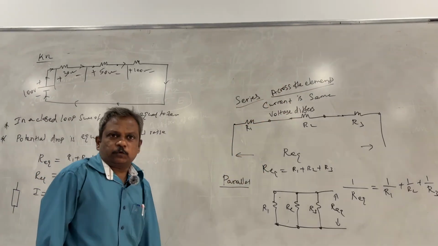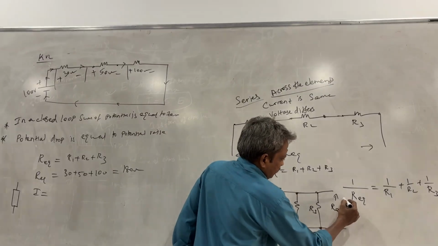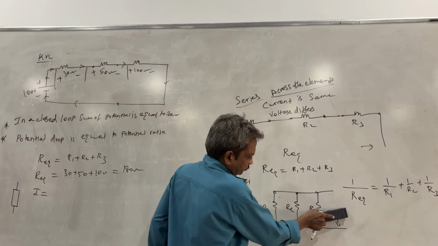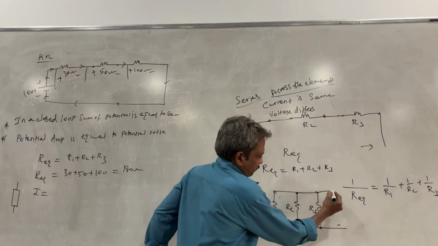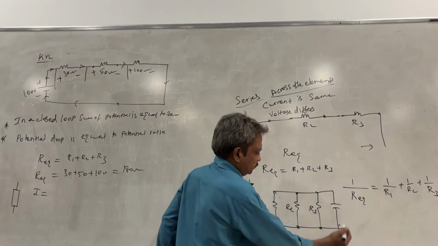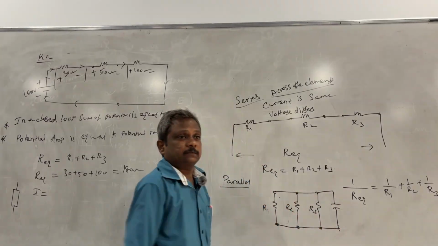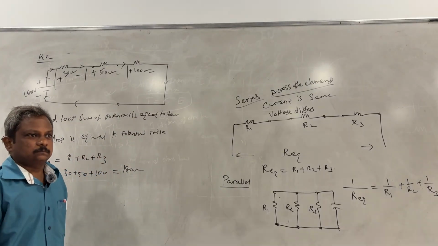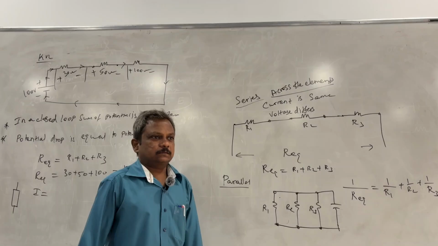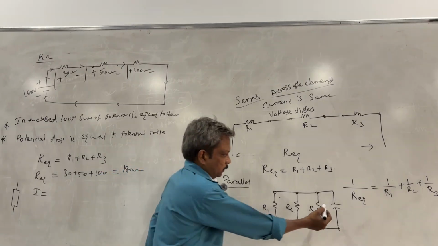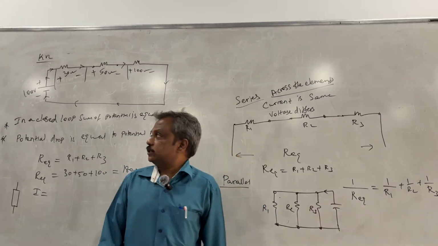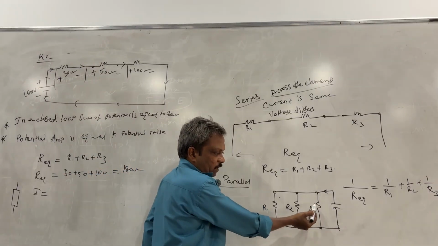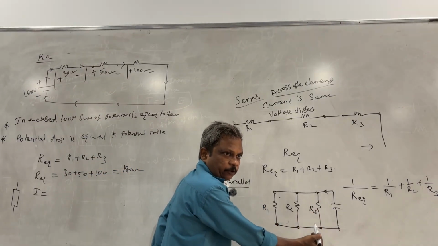Coming to the parallel circuit, if I am applying some potential here, what is the direction of this current? Delivering power, what is the direction? Positive. Simple. And what about this? This is absorbing or delivering?